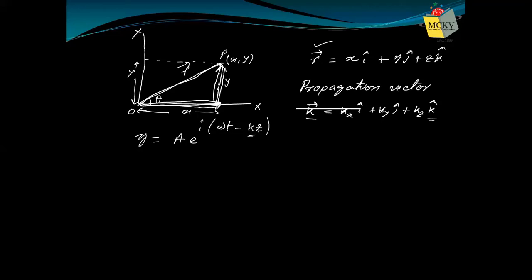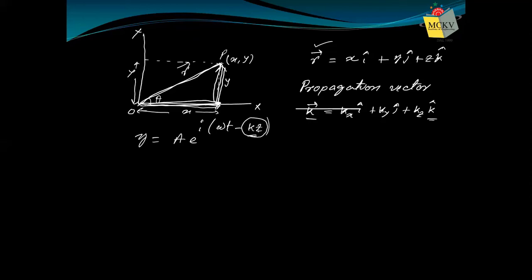No problem. Now I want to remove this thing because it only tells us that the wave is proceeding along z direction. Now I want the wave moving along an arbitrary r direction. So how will we write it?